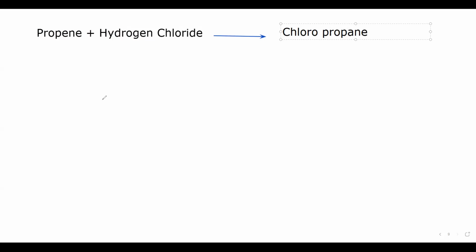Then how the reaction proceeds, again the mechanism, and that is called electrophilic addition. So propene, prop means 3 carbon, and the double bond is always with the first 2 carbon atoms, even if it's on the right or left.